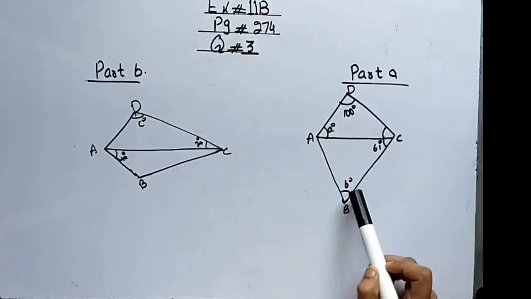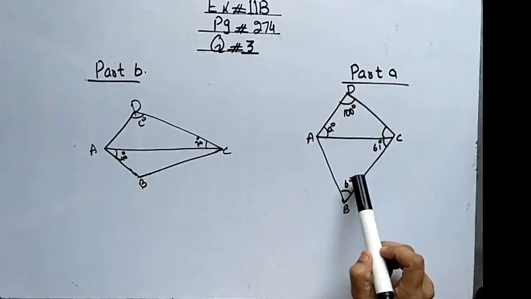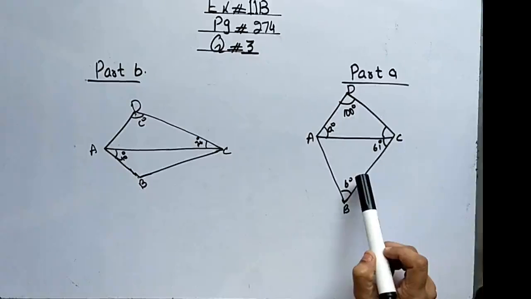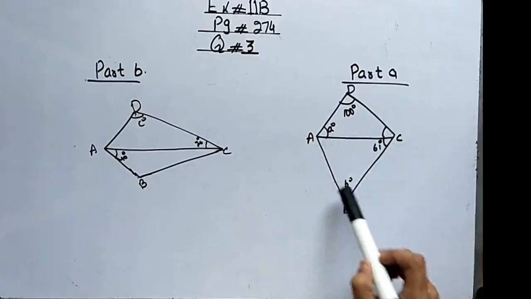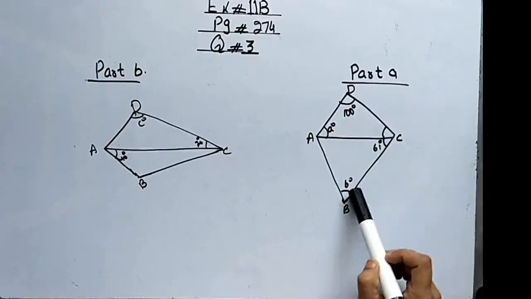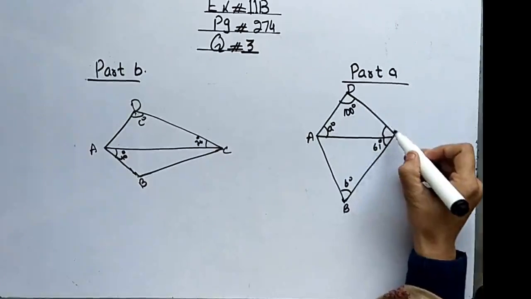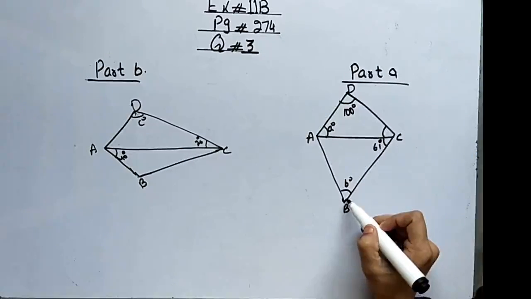So here we want to find A. A is unknown, they are asking about A. So how can we find A in a kite shape? Beta, keep in mind that in a kite shape, look here, this side is small and this one is the biggest, large.